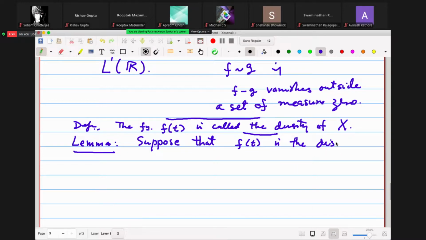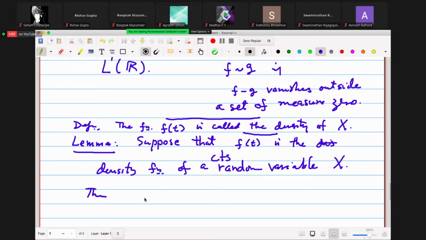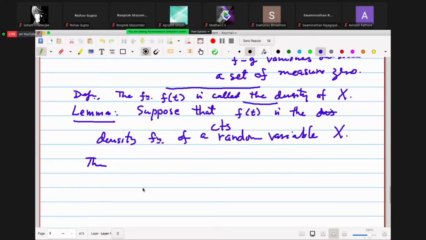But we just say this is the density function of a continuous random variable capital X. Then, of course, the integral from minus infinity to infinity of f of t dt is equal to 1, and the probability of X equals x is equal to 0.